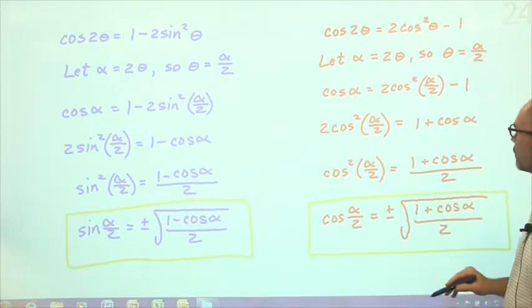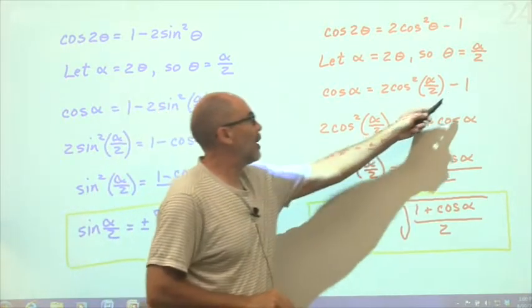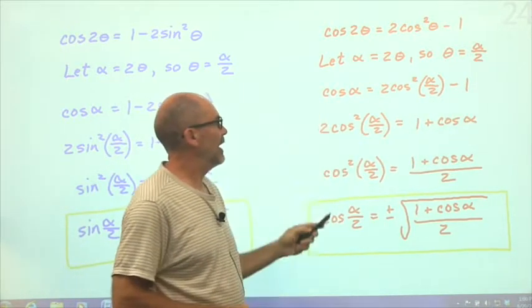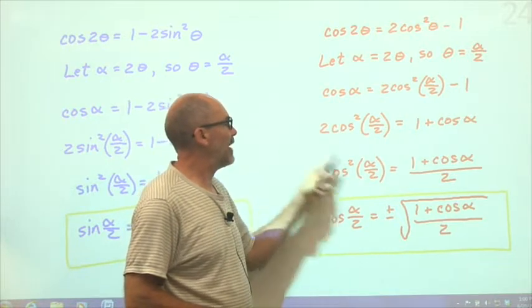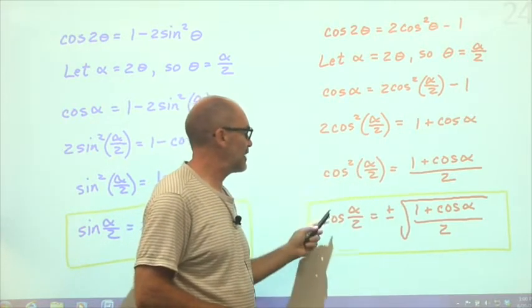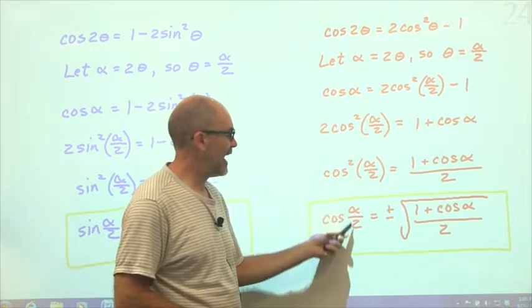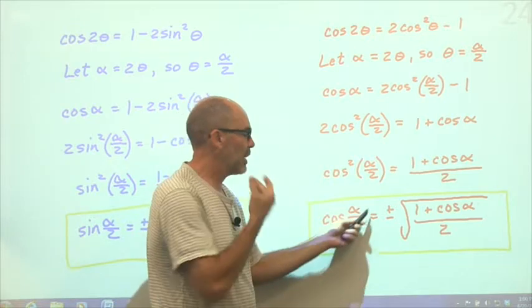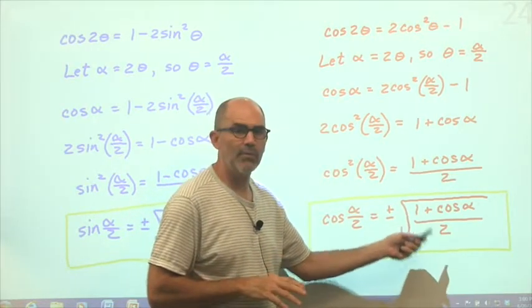So what we do is we add 1 to both sides, and I put the cosine squared on the left. So now I divide both sides by 2, take the square root of both sides, and there I am with cosine of a half angle equals plus or minus the square root of 1 plus cosine of the full angle divided by 2.